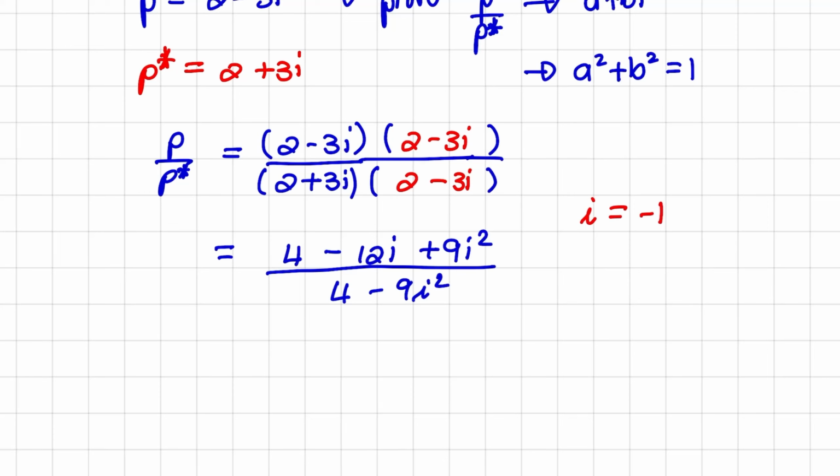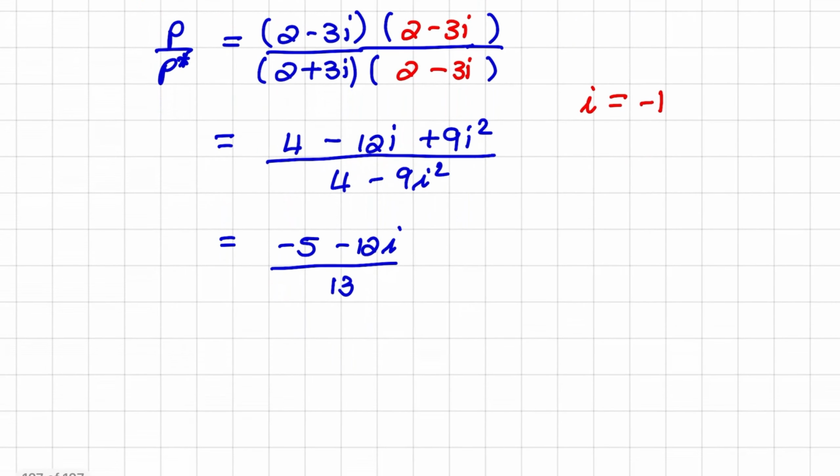So that means we have 4 minus 9 minus 12i in the numerator, which is simply minus 5 minus 12i, divided by 4 plus 9, because negative 9 times negative 1 would be plus 9. So that is equal to 13.